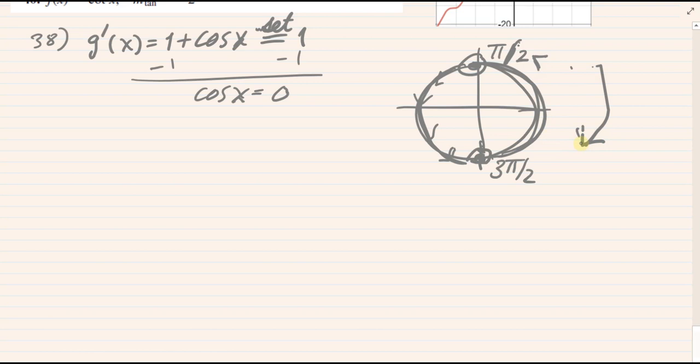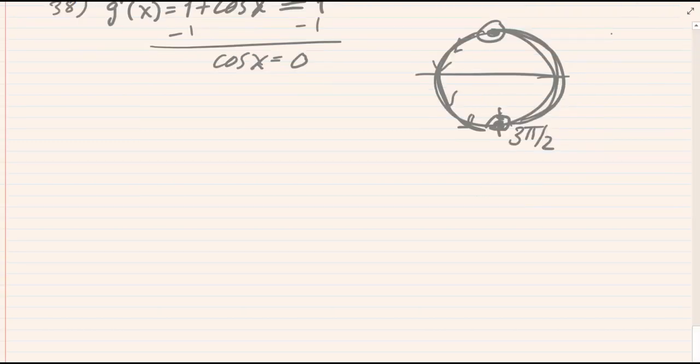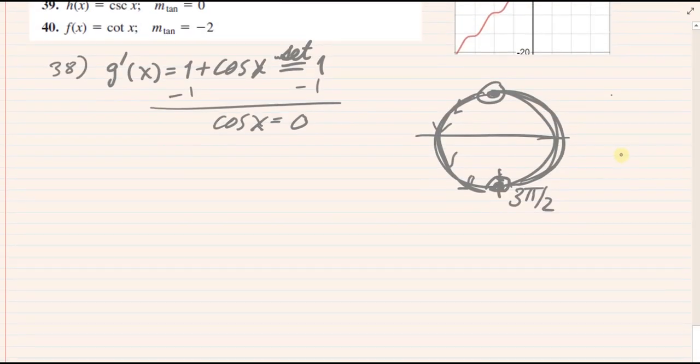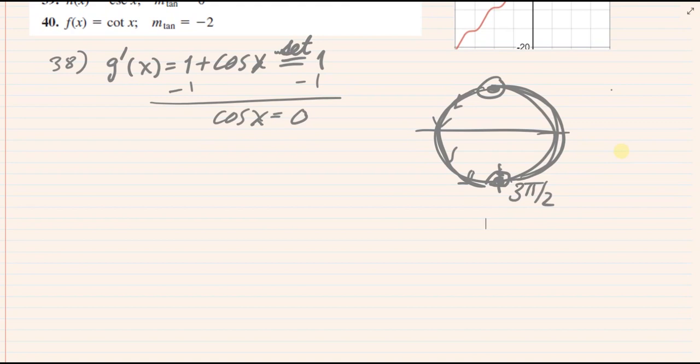If I look at this as negative pi over 2, then this would be negative 3 pi over 2. Let me now go in a clockwise direction. In that direction, I come across negative pi over 2 and then negative 3 pi over 2, like that.